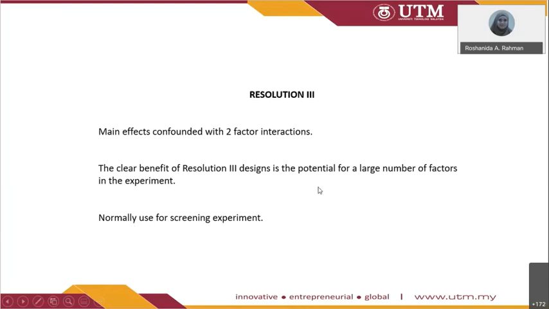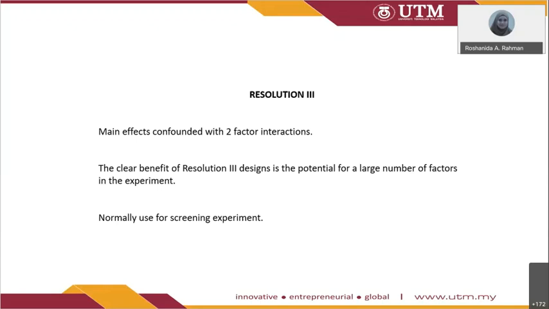So it is potential for a large number of factors in the experiment. Normally we can use it for a screening experiment. If other people ask you why you cut half of your experiment, you should do 32 but you want to do only 16 runs, you can say: because I choose to use resolution 3, and whatever I get from the study, my main effects are confounded with two-factor interactions.